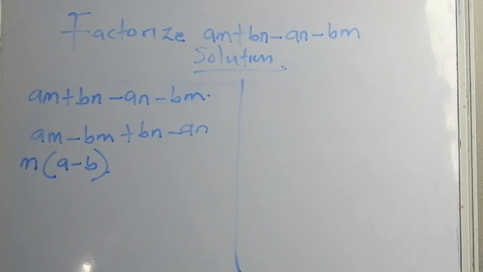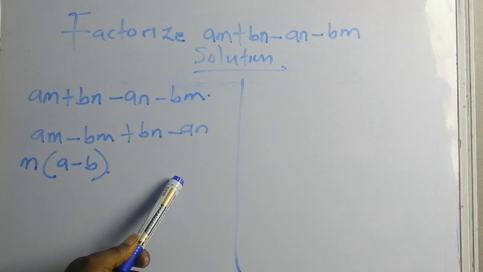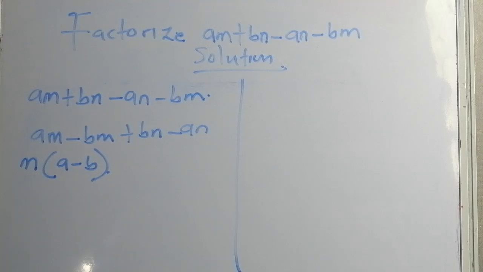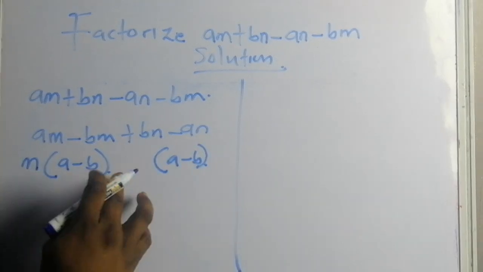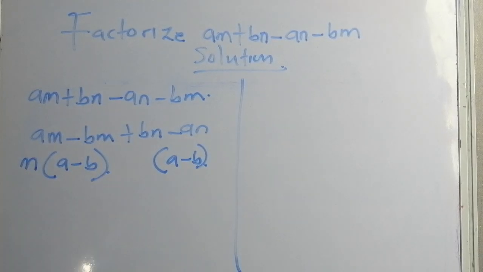Now, what you have here under factorization must also replicate on the other side of what you are simplifying. So at the end of the day, I must have a minus b here. The question is, what will now be outside here?